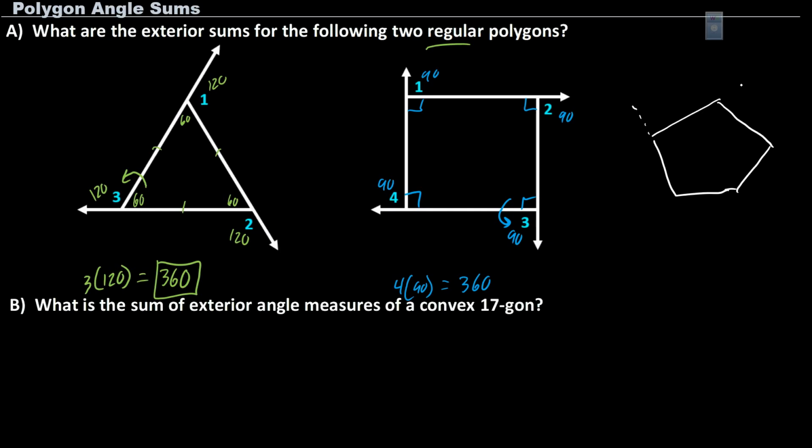If we did a regular pentagon and we looked at its exterior angles, each interior angle is 180 times 5 minus 2 over 5, that equals 108. So each interior angle is 108, meaning that each exterior angle would be 72.